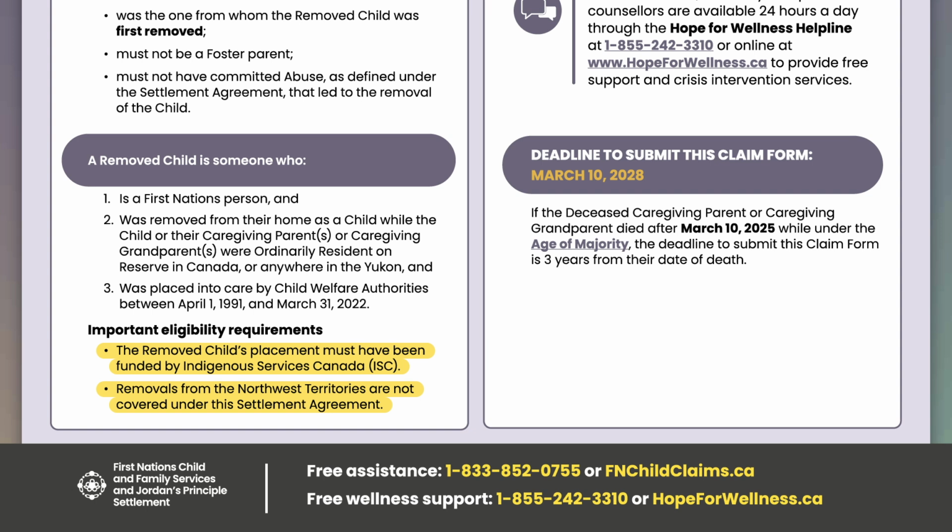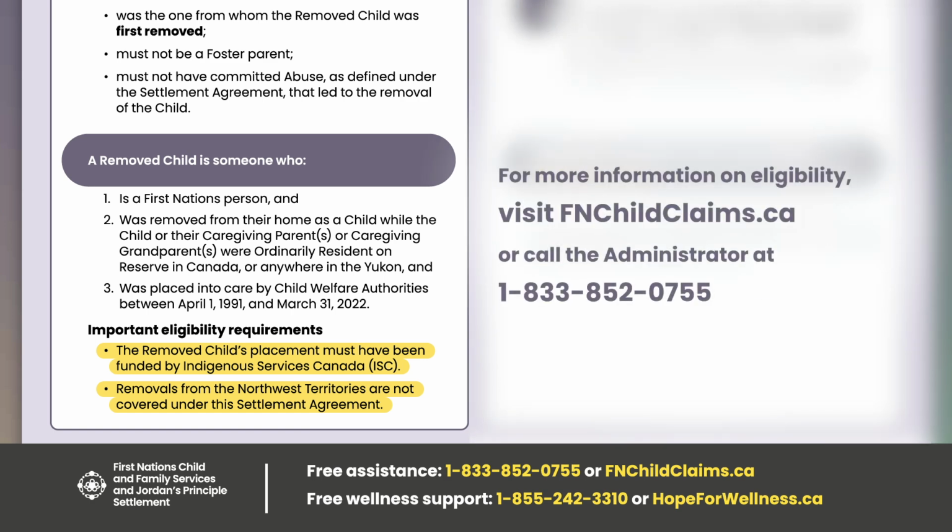The caregiving parent or caregiving grandparent may have lived in Northwest Territories or Nunavut later in their life, but will not be eligible if the child was removed while they were ordinarily resident in those territories. To learn more about eligibility requirements, you can use the eligibility information tool at fnchildclaims.ca or call the administrator.